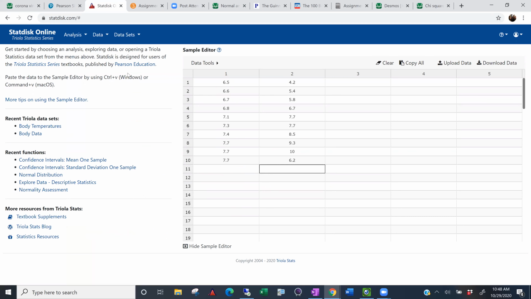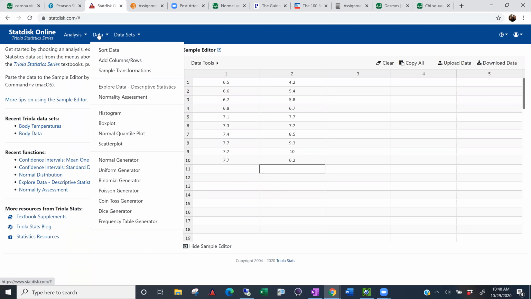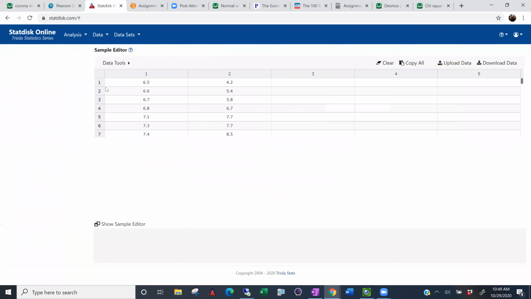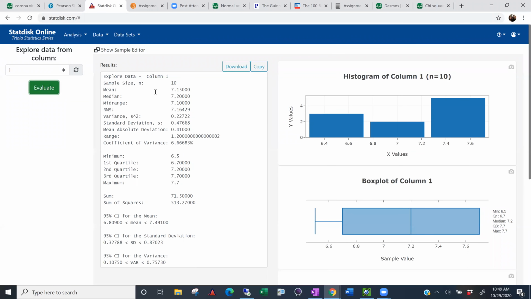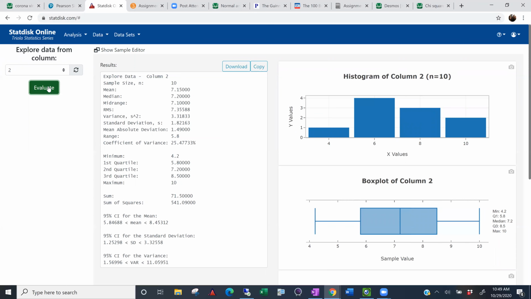Now, while you're typing that in, I'm just going to do a little exploratory work with the data. If I remember this data set correctly, the mean was the same for both of these. So 7.15 for column 1. Let's try column 2. 7.15 again. So on average, these are customer wait times in 2 different banks, and you're waiting the same amount of time.